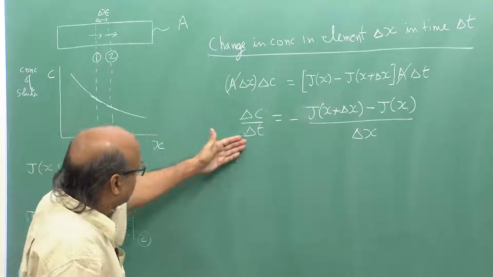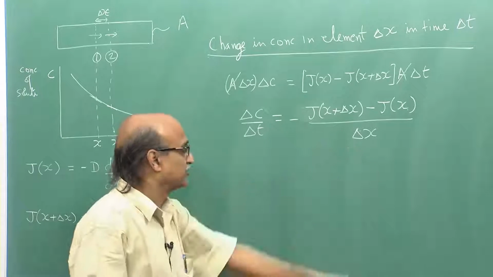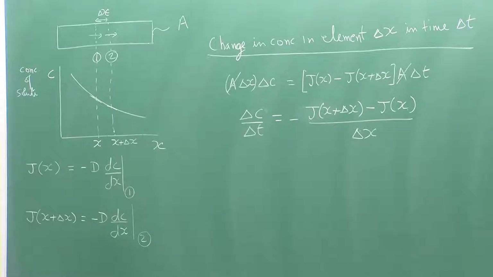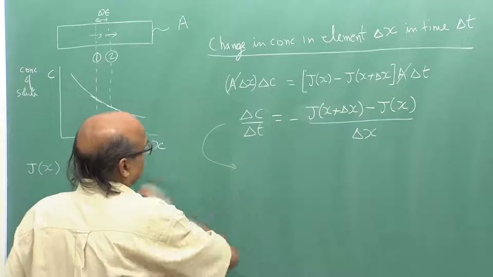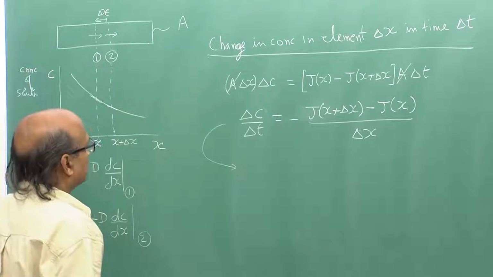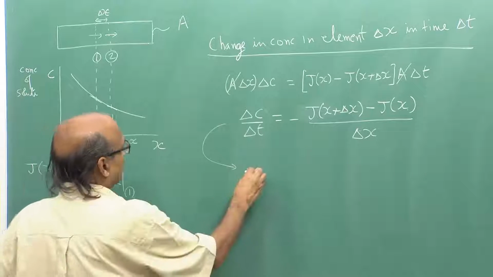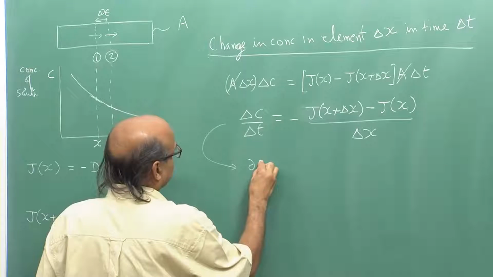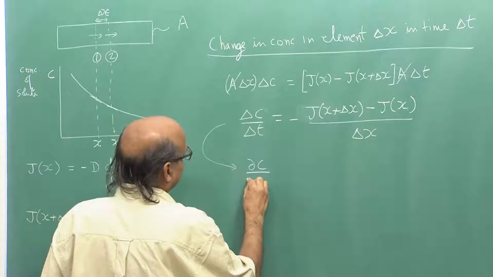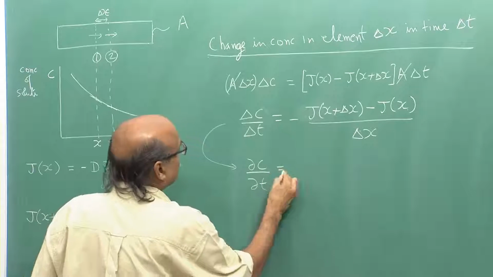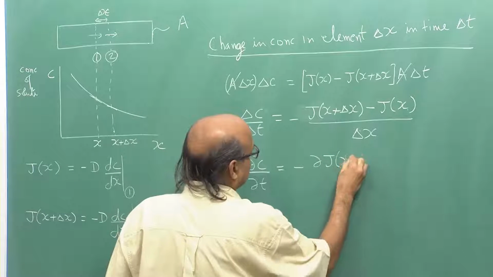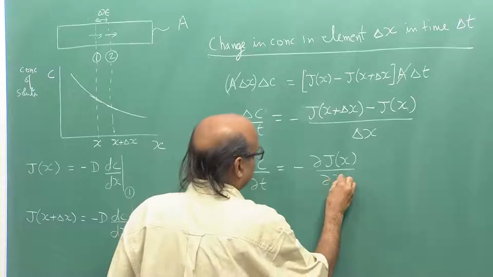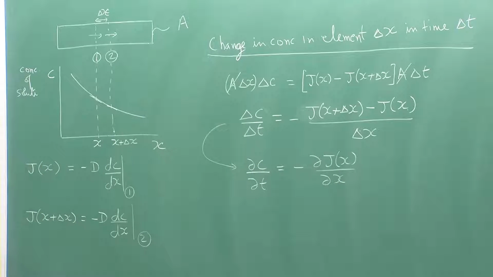Now, in the limit of delta t and delta x both becoming infinitesimal, this relationship can simply be written, in terms of partial derivatives, as del c by del t equals minus del Jx by del x.